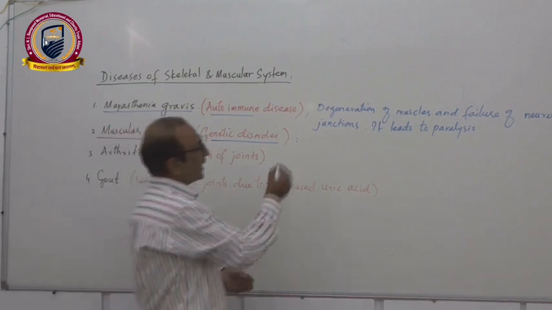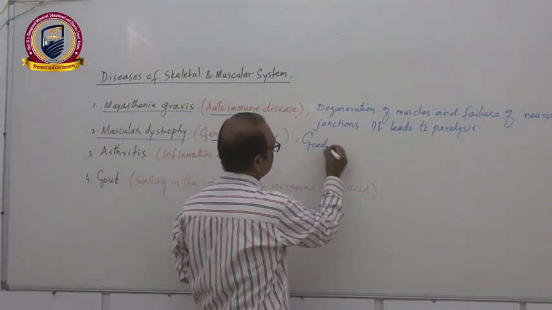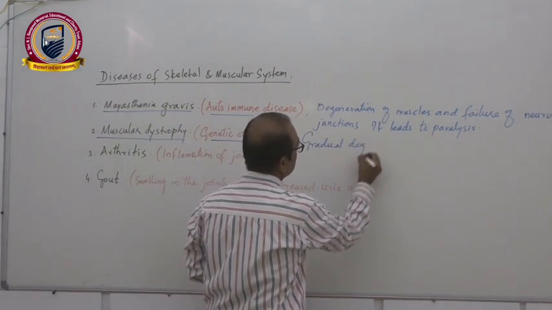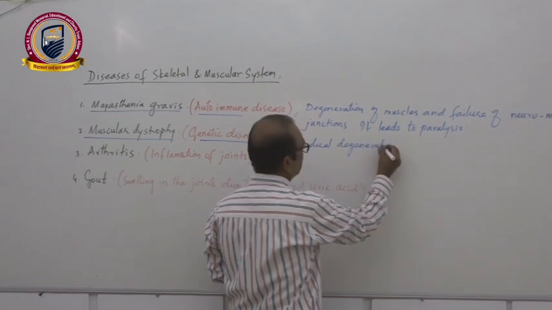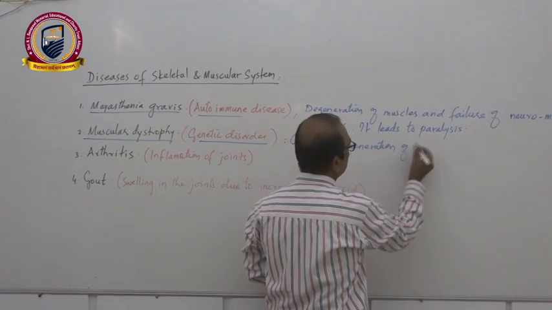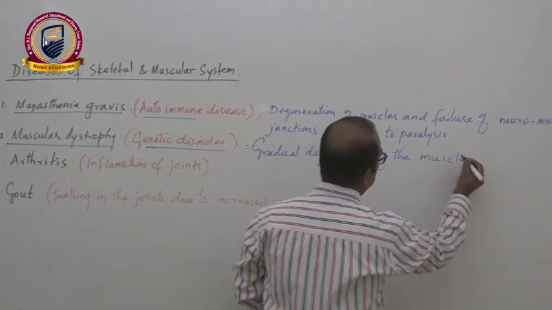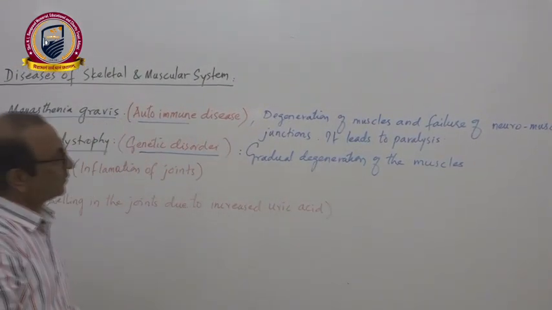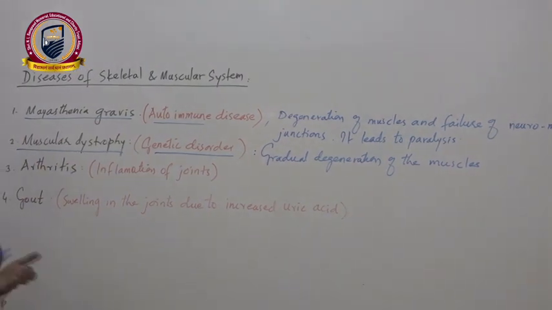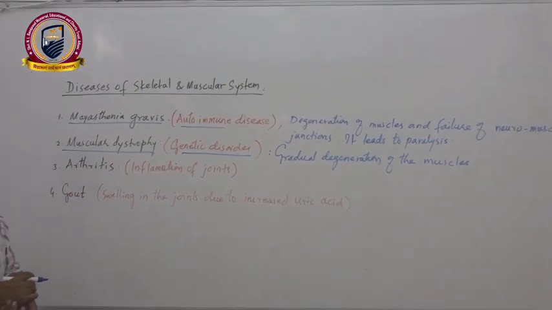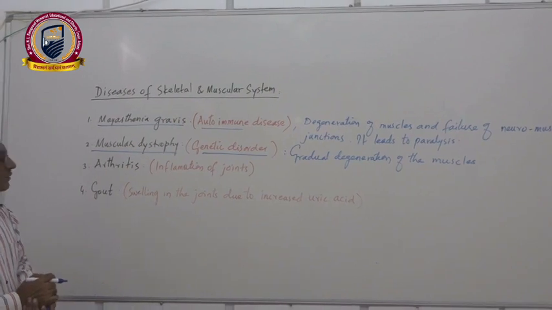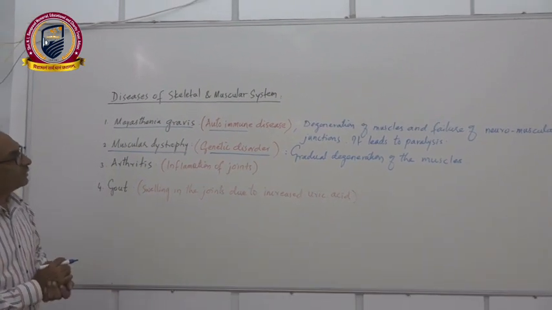So it is the gradual degeneration of the muscles. Slowly the child will be losing muscular activity, becomes completely paralyzed and dies out. That is muscular dystrophy.